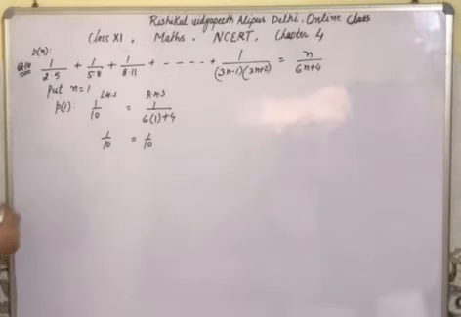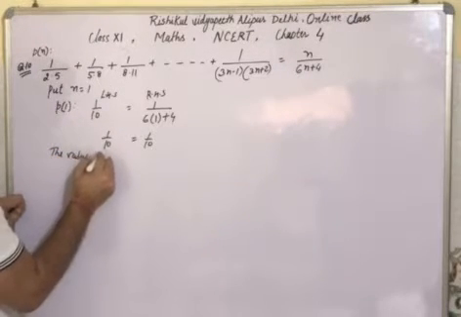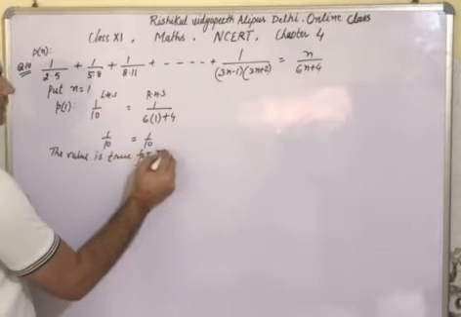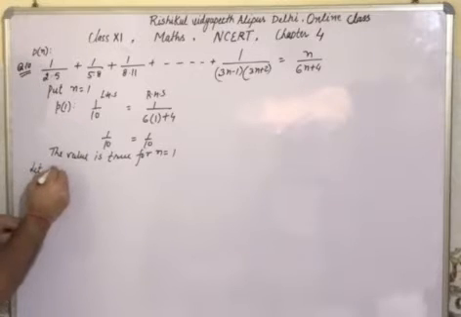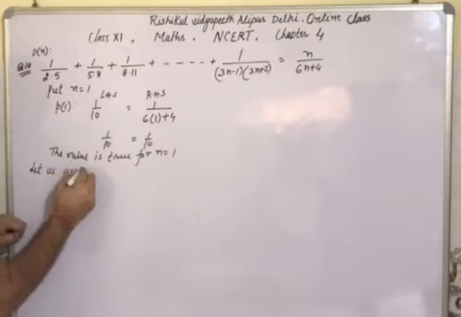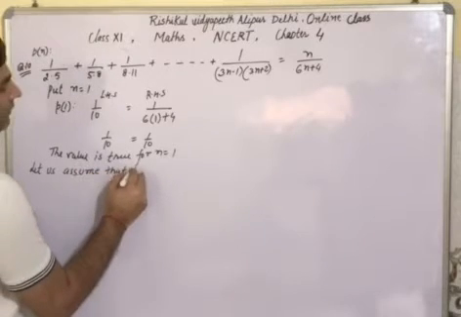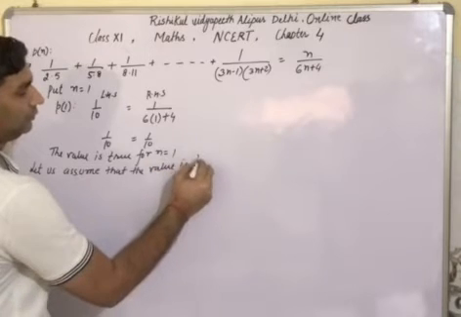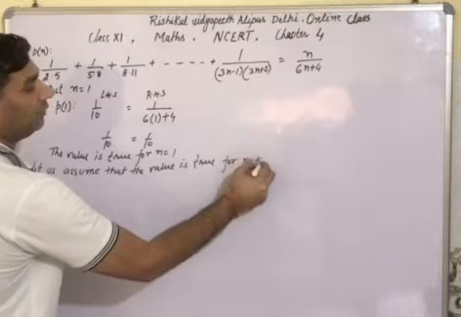That means the statement is true for n is equal to 1. Let us assume that the statement is true for n is equal to k.